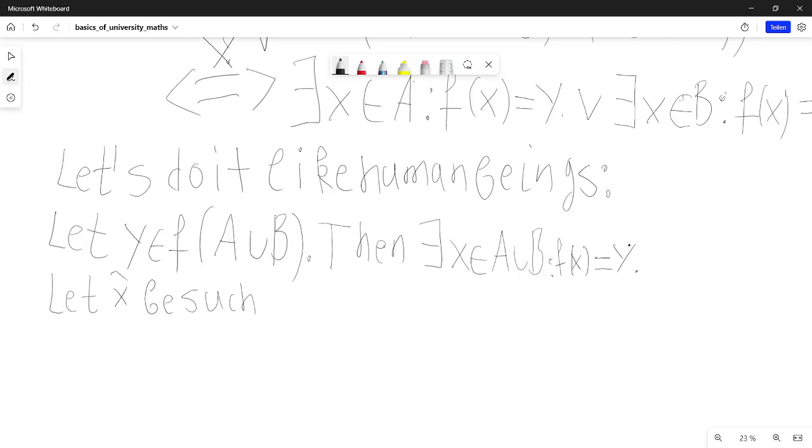Let x tilde be such an x, the one whose existence is ascertained by the existential quantifier. I wanted at all costs to avoid this specification to let x tilde be such an x because I never did that, and I wanted to see how it works, and wow, it works.